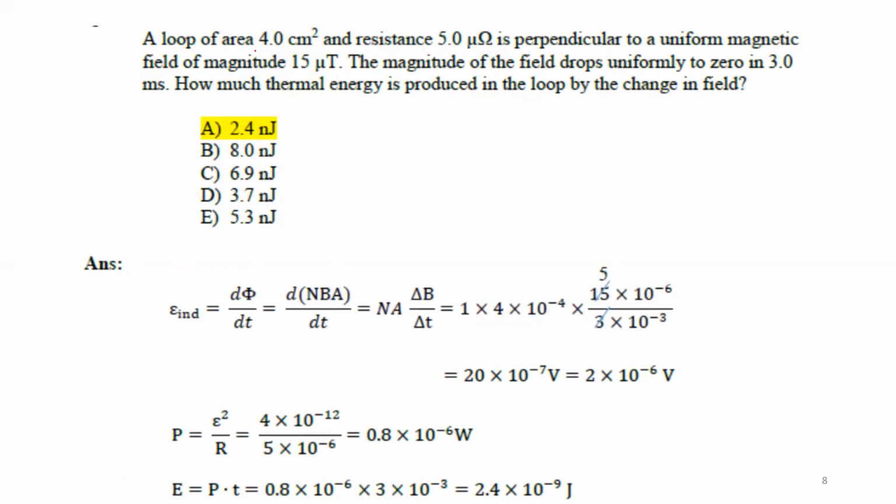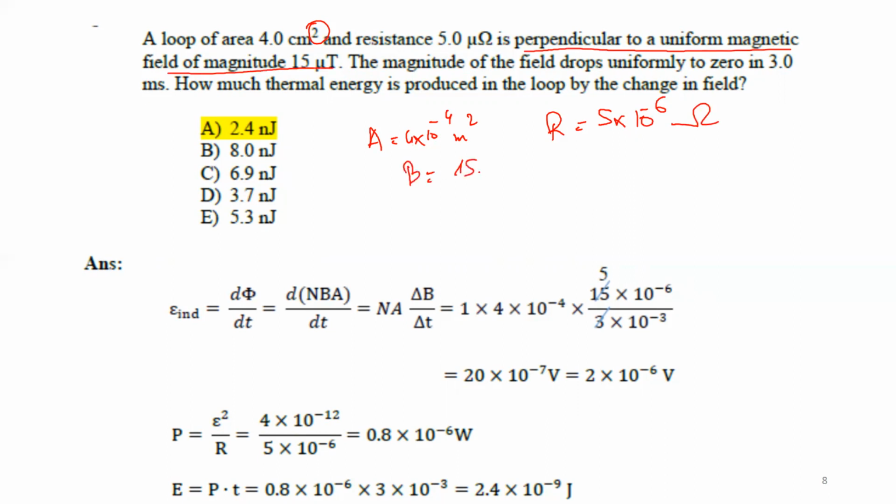So here I give you the loop of area. Basically, area is 4 centimeter square, which is 4 times 10 to the power minus 4 meters square. And I give you the resistance 5 micro ohm, which is 5 times 10 to the power minus 6 ohm. And it's perpendicular to the magnetic field. And I give you the magnitude of the magnetic field.